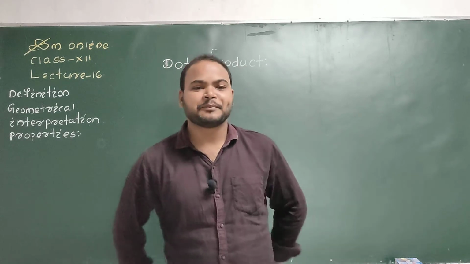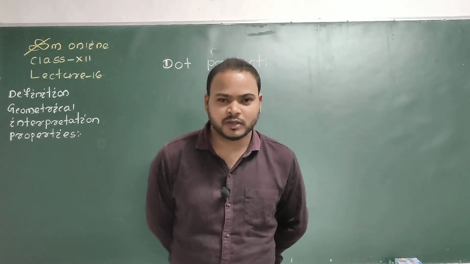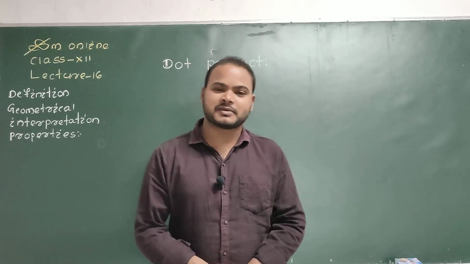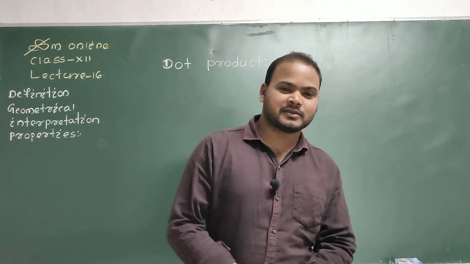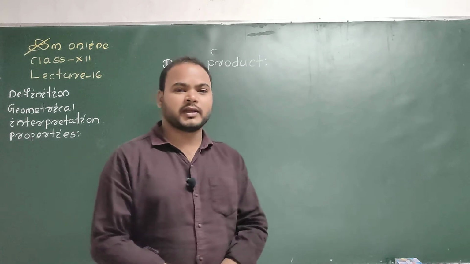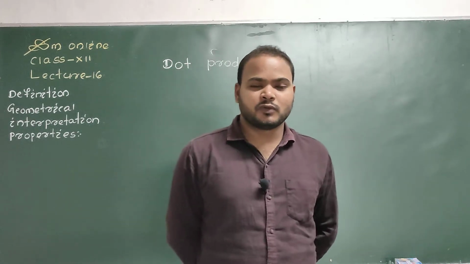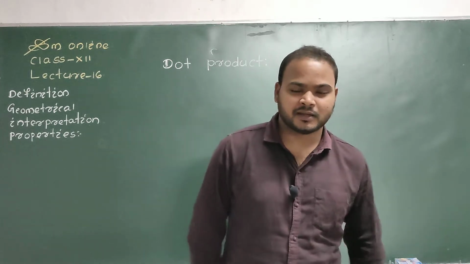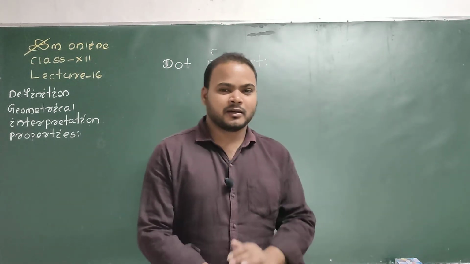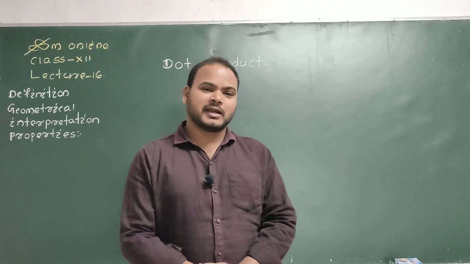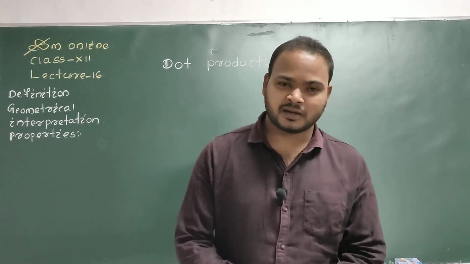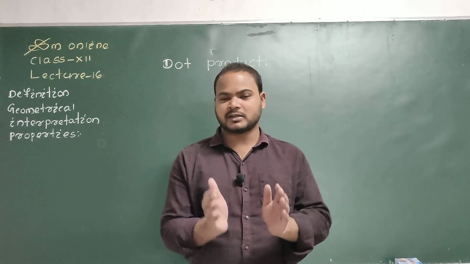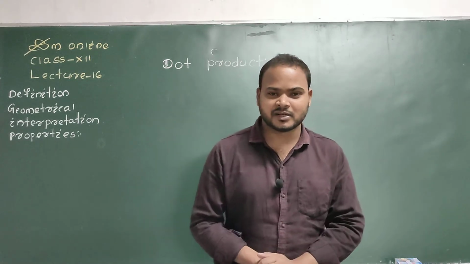So students, in the first class we studied addition and subtraction of vectors. But when two non-zero vectors are multiplied, there are two kinds of product: the dot product and the cross product.